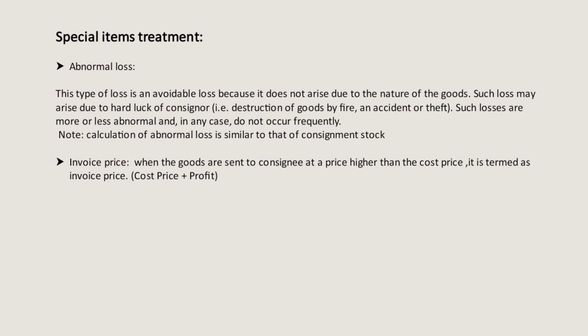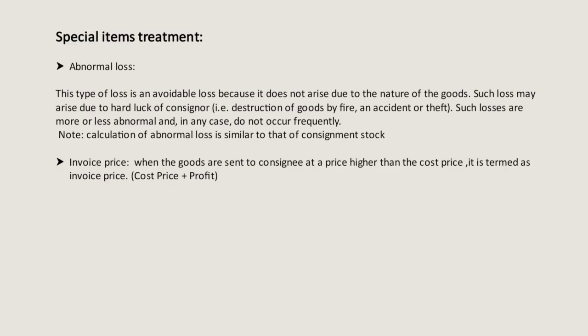So destruction of goods by fire, accident or theft, such losses are more or less abnormal and do not occur frequently, right? But if there is any leakage, it occurs in most of the cases. But theft happens every time? No. So those losses that don't occur frequently come under the category of abnormal loss, right?